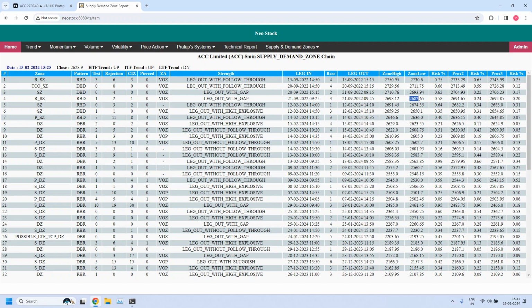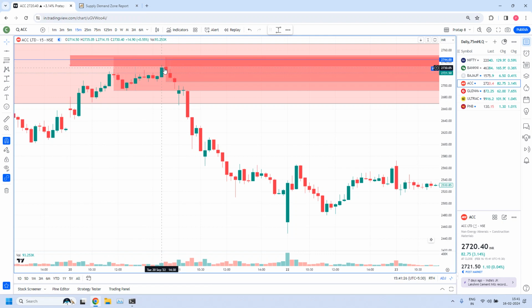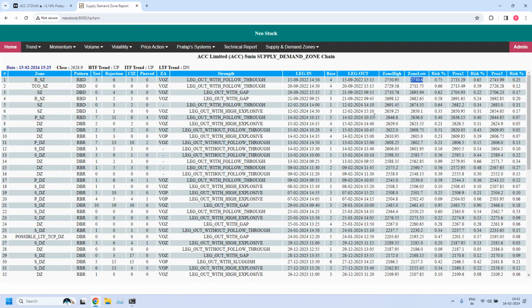We also can't take this 2682. This is 2693, 2611 and 2730. What is the high of this zone? 2747. So 2750 and 2730, that means there is an overlap. That means zone confluence is there.